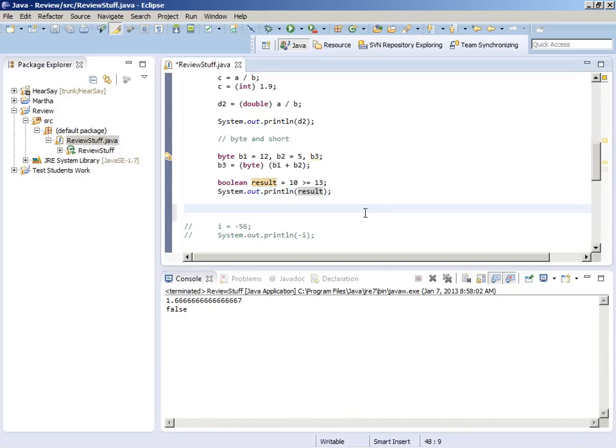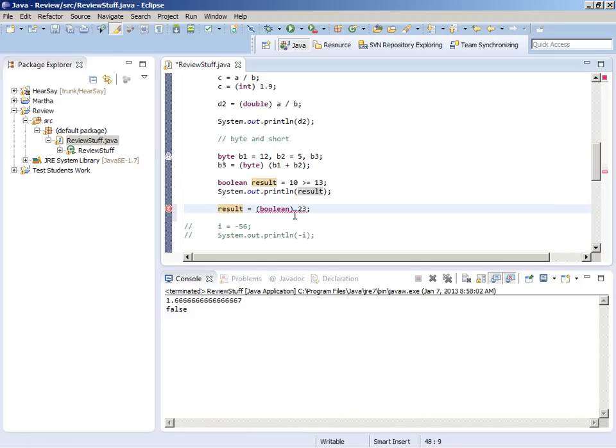There is no Boolean cast operator. You cannot cast an int to a Boolean. You cannot cast anything to a Boolean. And nothing can be promoted to a Boolean, and a Boolean cannot be promoted to anything else.